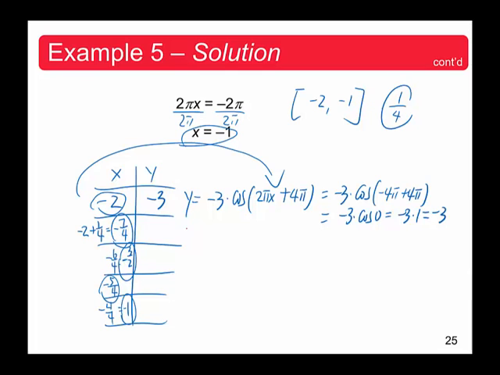Second one, y equals negative 3 times cosine of 2 pi times negative 7 over 4, adding 4 pi.